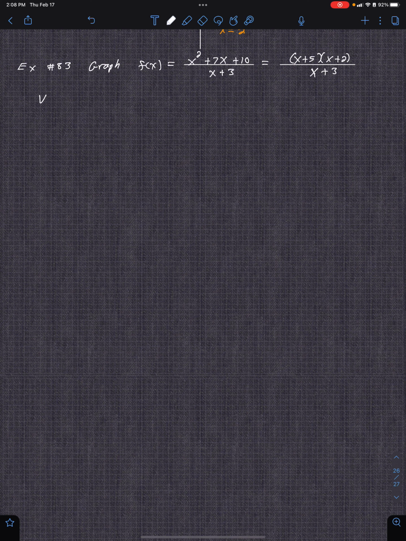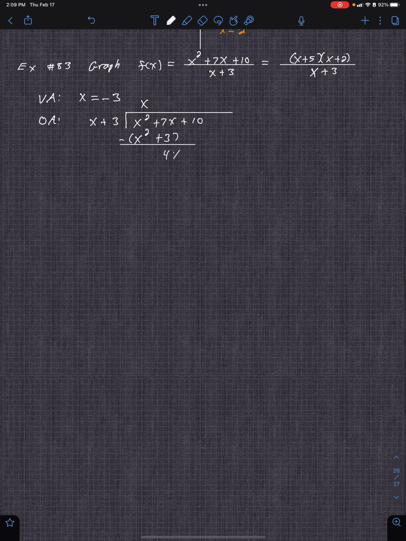Okay, label your vertical asymptotes. It's just x equals negative 3. This is an oblique asymptote because it's one larger, so you do your long division. So it's x squared plus 7x plus 10. You get x, and x times x plus 3 is x squared plus 3x. Then you subtract.